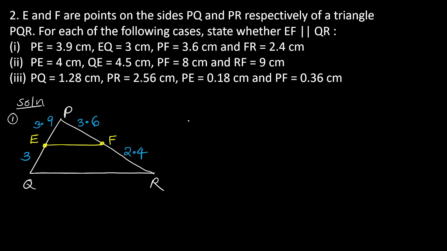Left side ratio. In simple language, let me write. Left side ratio, you may write this step: PE by EQ. Left side ratio, PE by EQ, is 3.9 by 3.